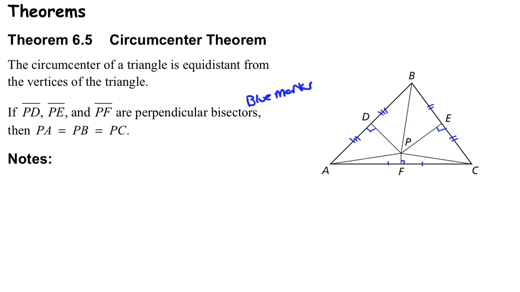Then PA is equal to PB equal to PC. So that means we are going to have some congruent marks here, and this will be my red marks. So that is something that we need to know about a circumcenter.